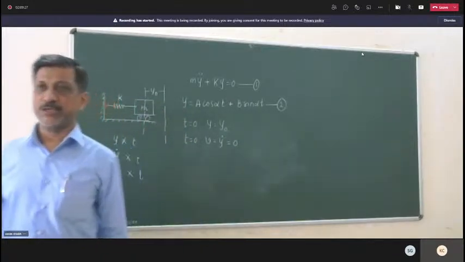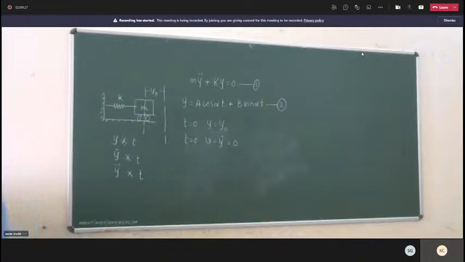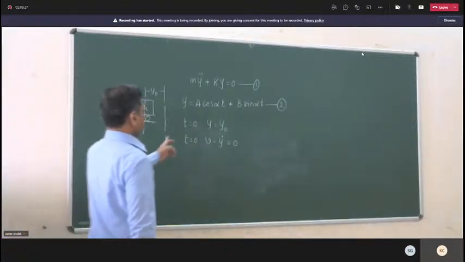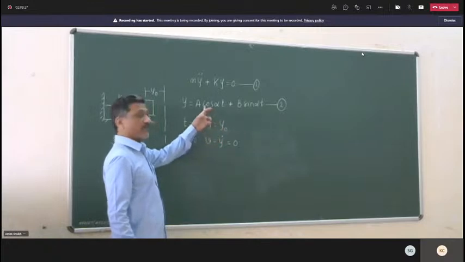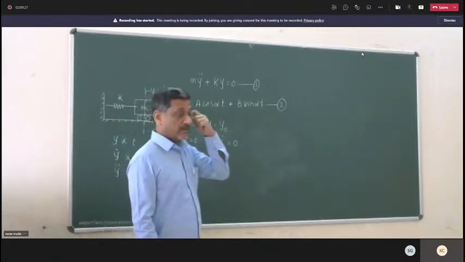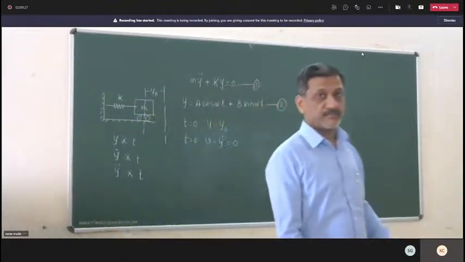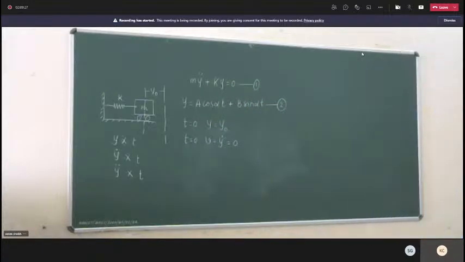That's the second initial condition. Now two initial conditions, two constants I can find out. Okay, now you can say substituting first initial condition in equation 2.